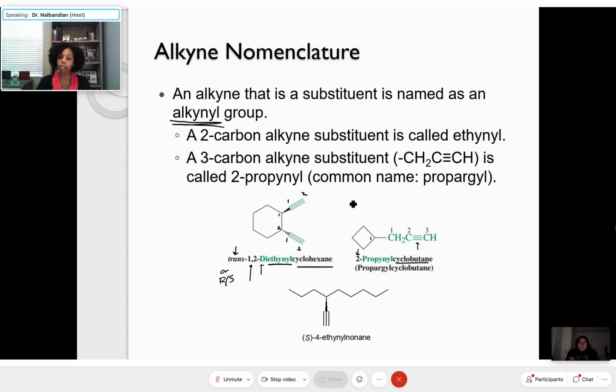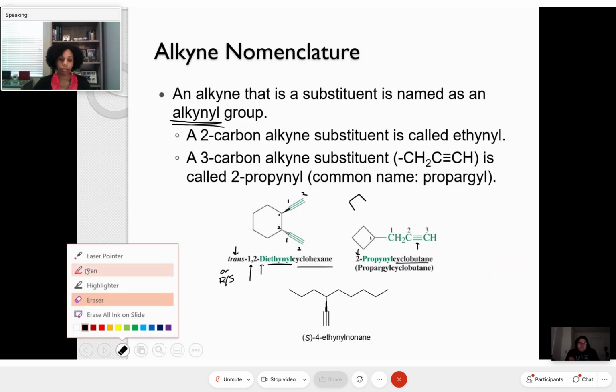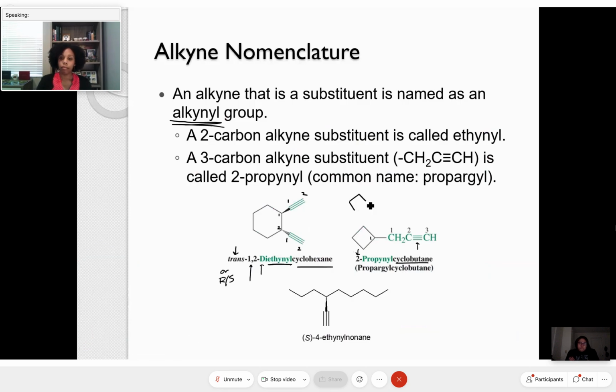Because we could also have 1-propynyl, where now we have the triple bond between 1 and 2, rather than between 2 and 3. So we put our triple bond between 1 and 2, this would be 1-propynyl cyclobutane.